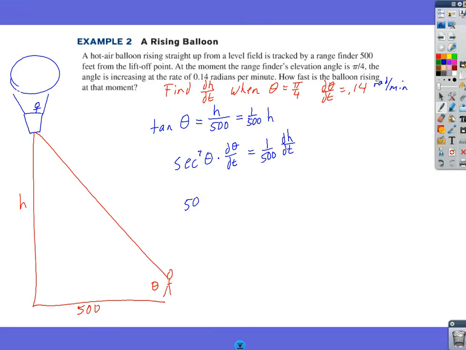So 500 secant squared theta times d theta/dt is equal to dh/dt. So I solved for it.